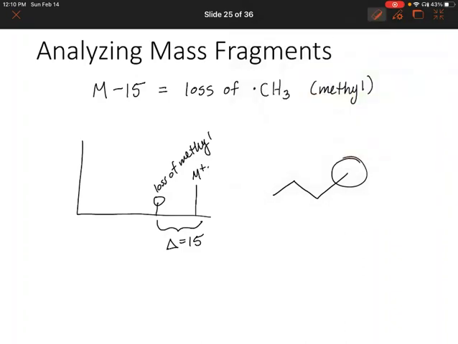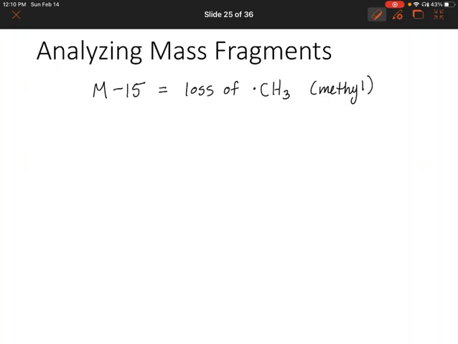All right. Now let's see some other common fragments. You could also lose an ethyl group, which has a mass of 29. That means if you start at your parent peak and you have a peak that's 29 less than that, then you lost an ethyl group.